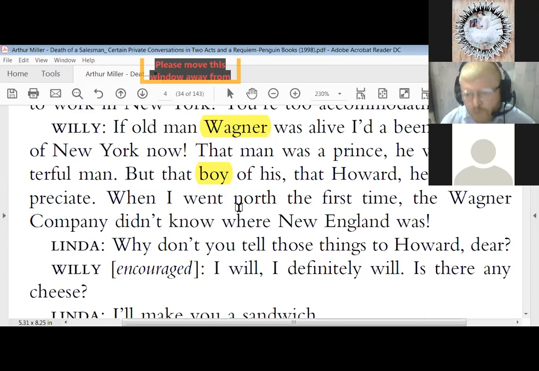Now Willie considers himself to be the powerful person because he's old, and Howard is young, is a boy. But later on we'll see that who's really in power is Howard, although he's younger than Willie, because he is the one who has the money. He's the one who owns the company. He's the one for whom Willie is working, and not the other way around.